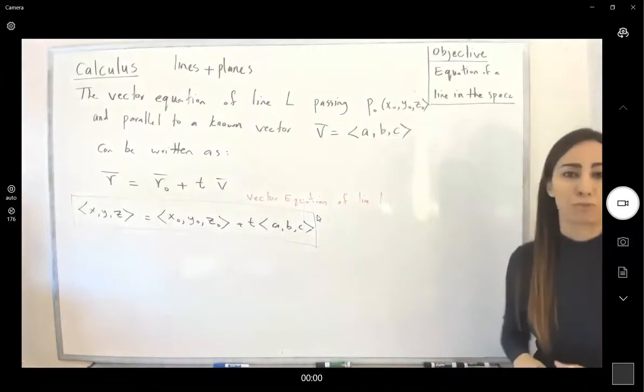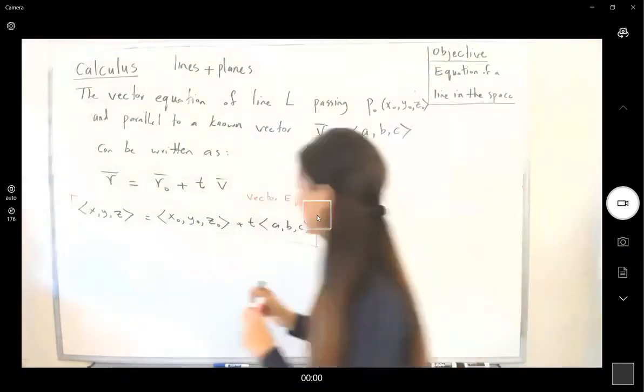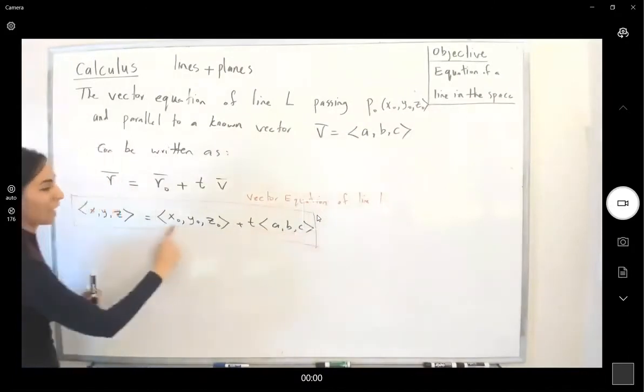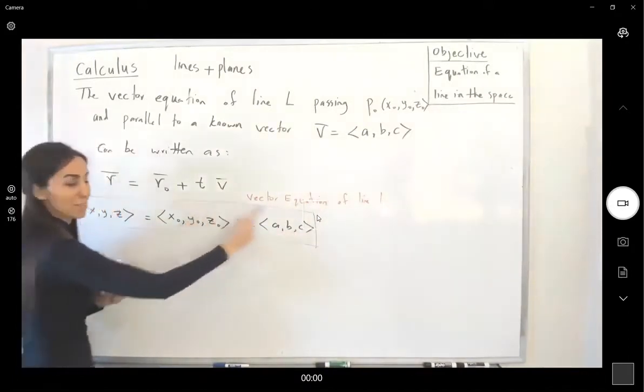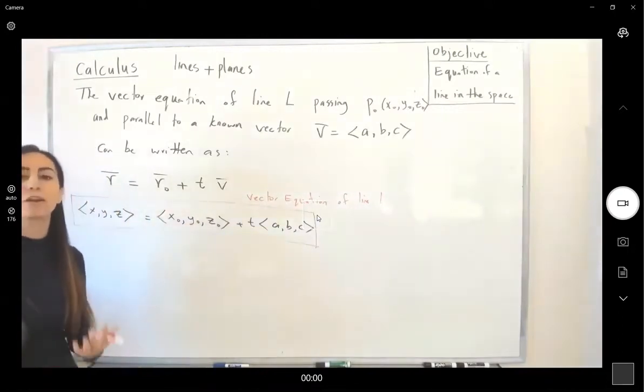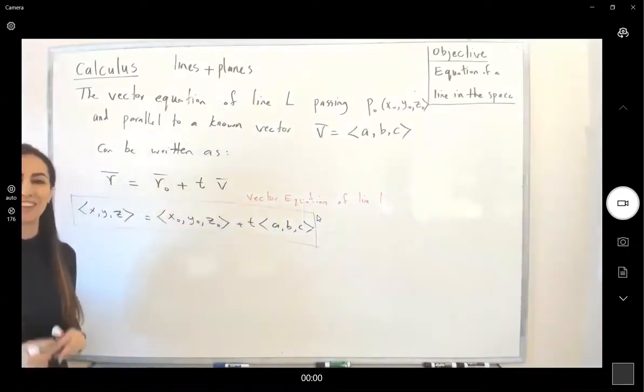The rest is algebra. What are we going to do? We're going to distribute T and add the first components, the second components, and third components, and we're going to define the parametric equation of the line.